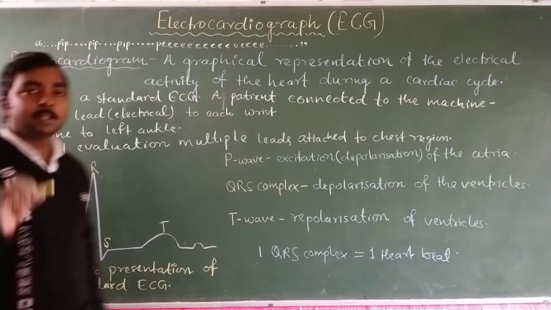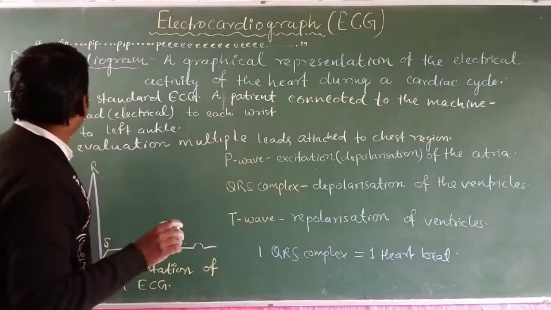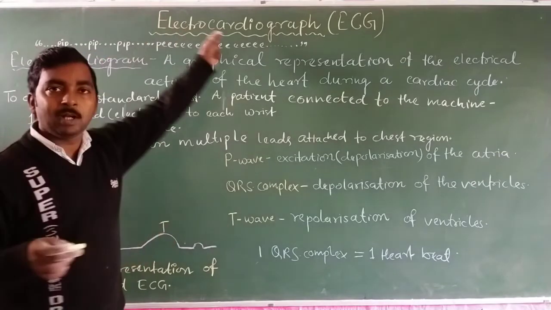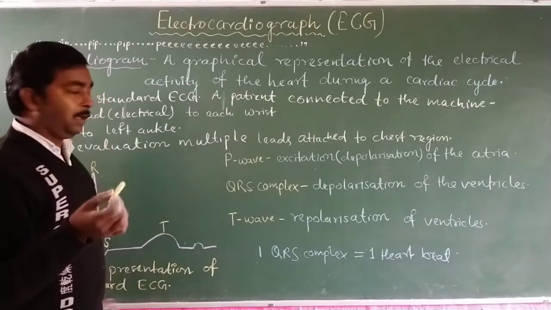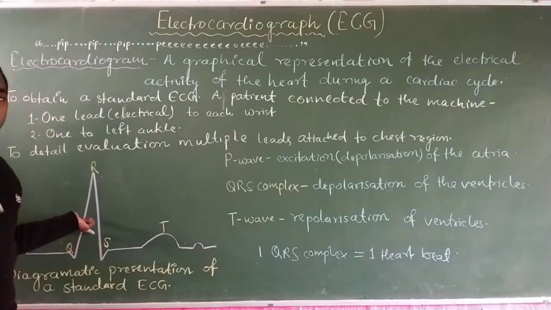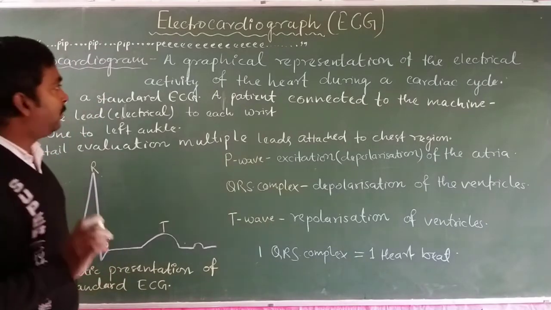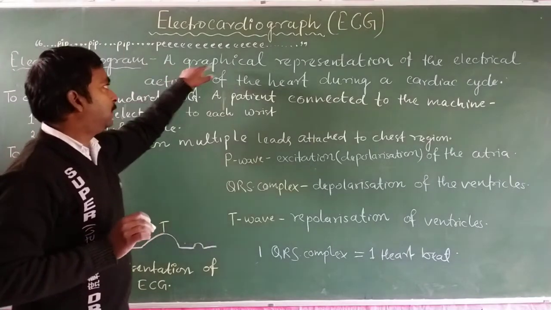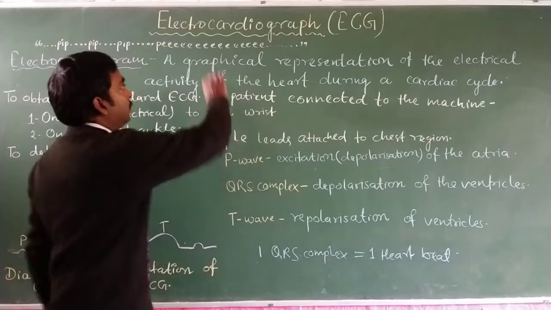So first, let us define the electrocardiogram. The electrocardiograph is a machine, while the diagrammatic picture made in that machine is known as the electrocardiogram. So we can define it as a graphical representation.